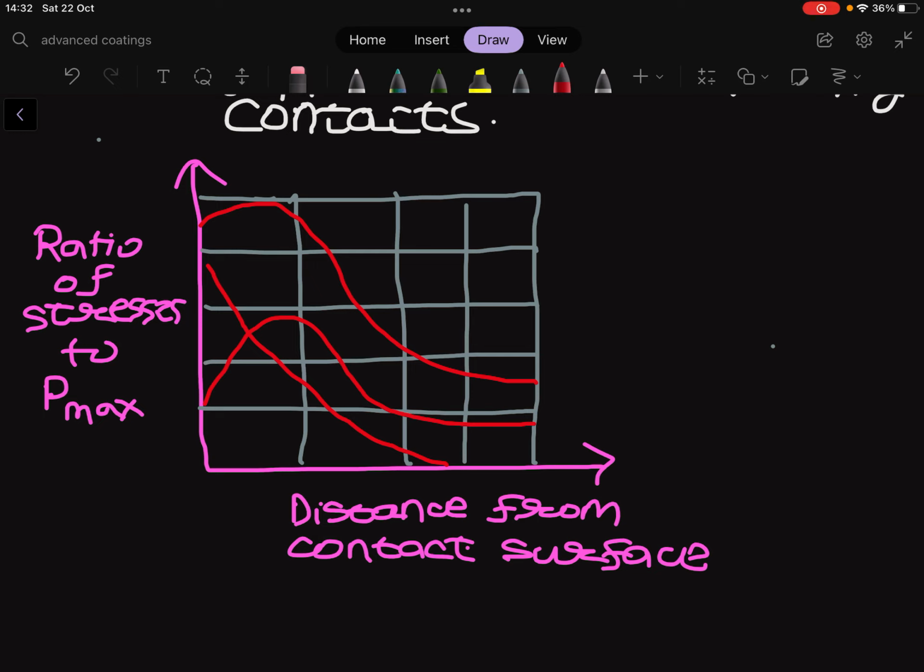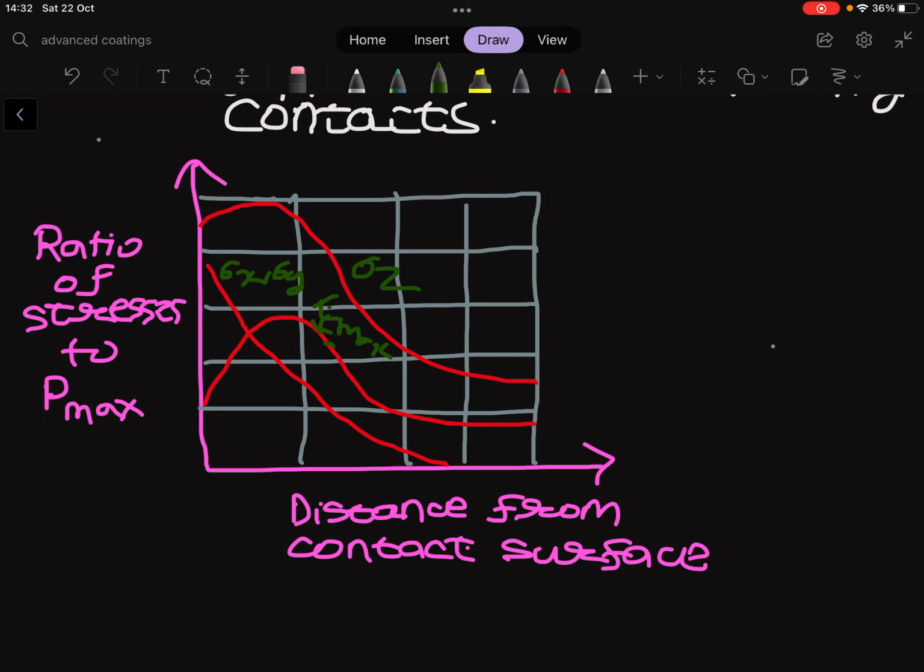This component decreases as we move in depth from the contact region in one or the other body. So this is the sigma z curve. This is the sigma x and sigma y curve, and this one is the tau max curve.